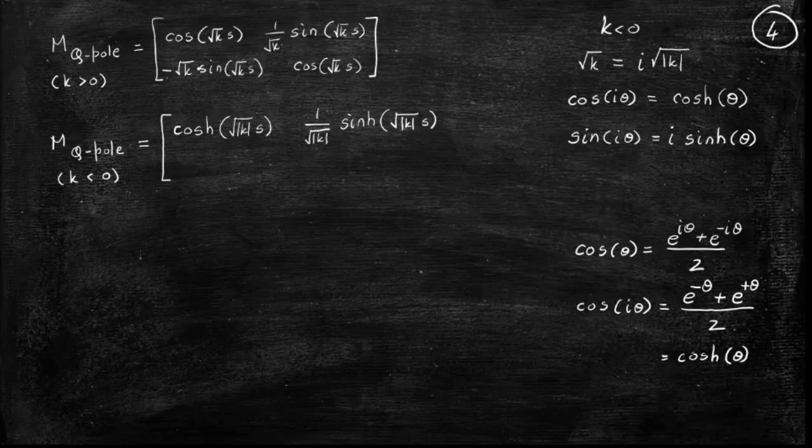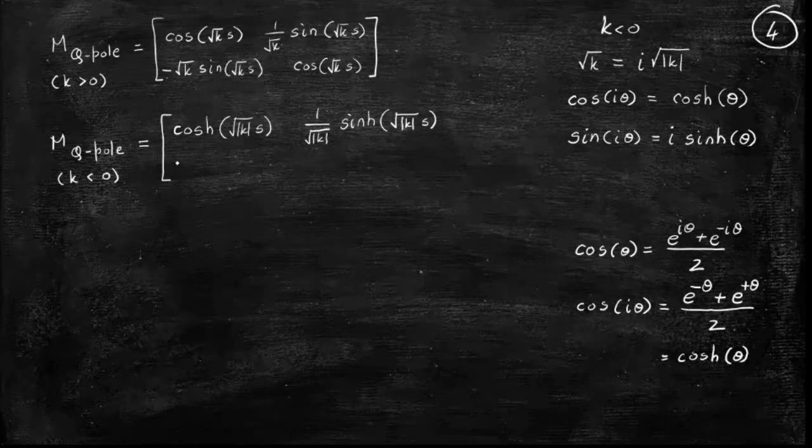Here you will get one I over here and another I over here and a minus sign. So minus I square, which is plus 1.